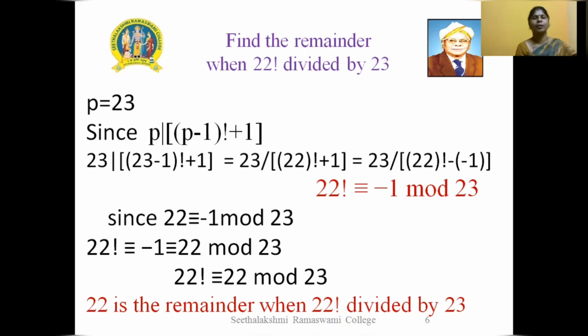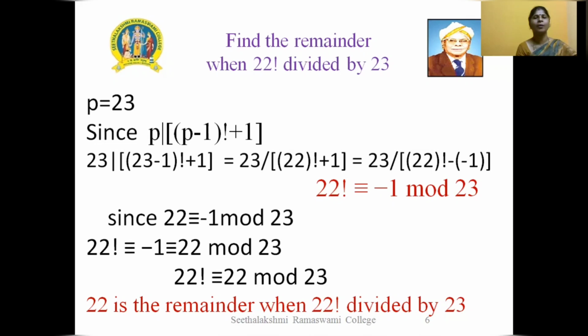This can be written in the form of congruence: 22 factorial congruent to minus 1 modulo 23. We know that 22 congruent to minus 1 modulo 23.